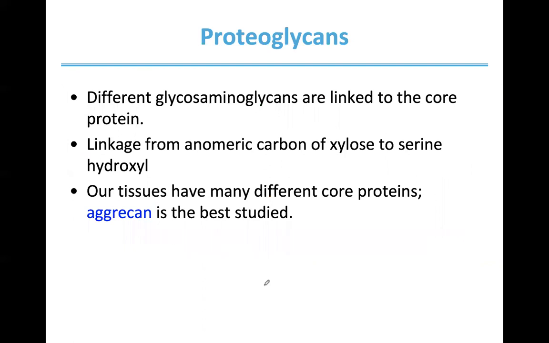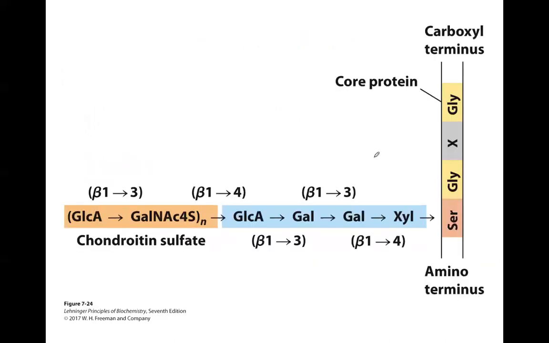All right, and so how are these glycans linked to the core proteins? They're linked primarily through the anomeric carbon of a sugar known as xylose. Xylose is a pentose. You can see here a combination of four amino acids: serine, glycine, some other amino acid, and glycine. Usually that's a segment in a core protein which would have a glycan attached to it.